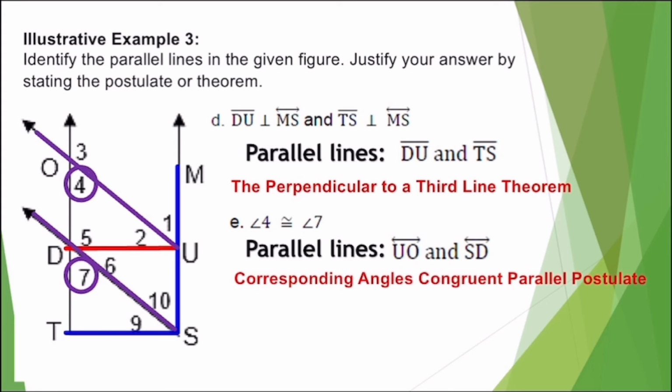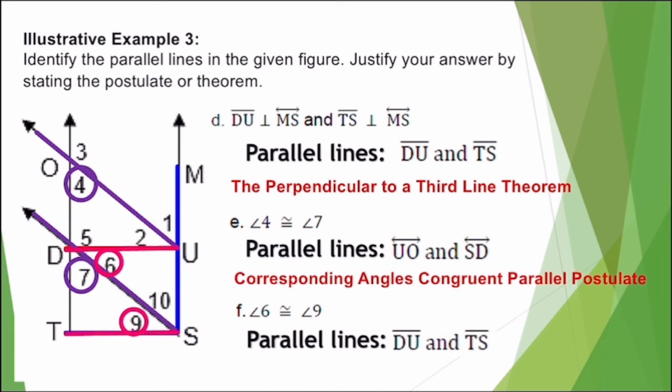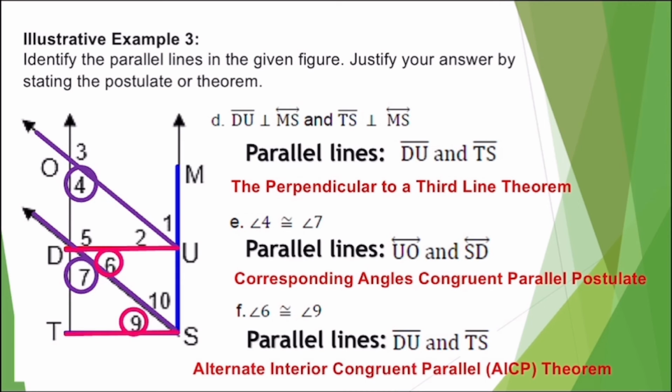Next, if angle 6 is congruent to angle 9, the parallel lines here are line segment DU and line segment TS. The theorem here is by alternate interior congruent parallel, or the AICP theorem.